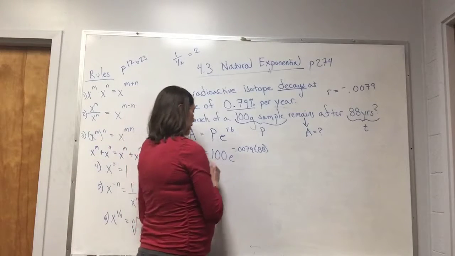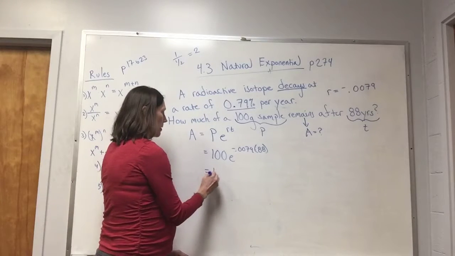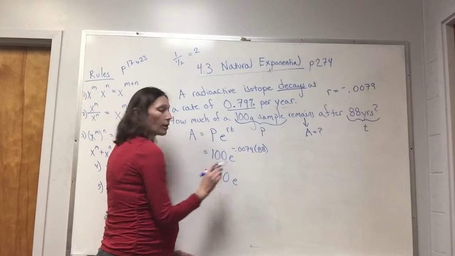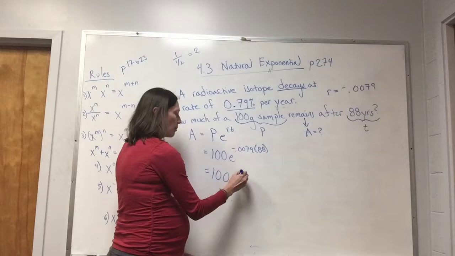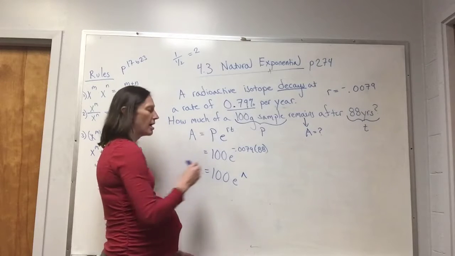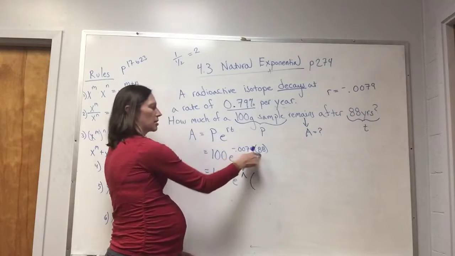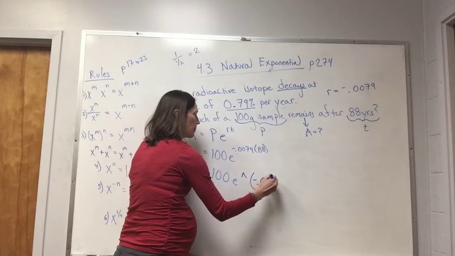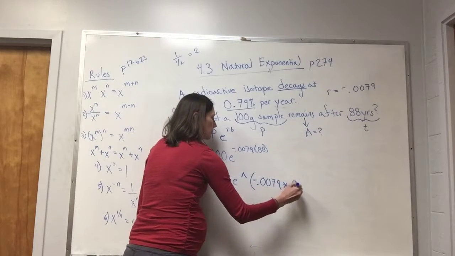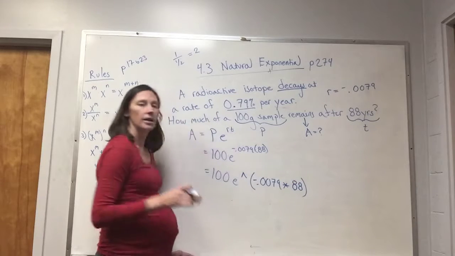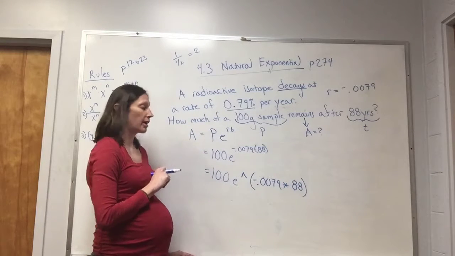So let me show you what this would look like with proper parentheses, just so you don't get calculator errors messing you up. So you do e, then the caret symbol, and then open parentheses because both of these are up in the exponent. Something like that to plug in the calculator.